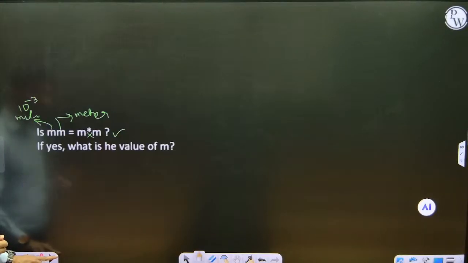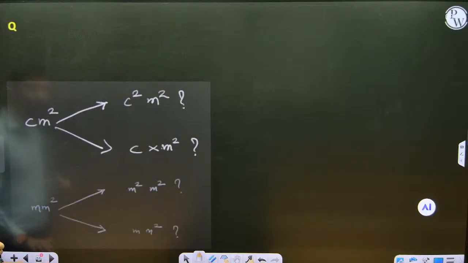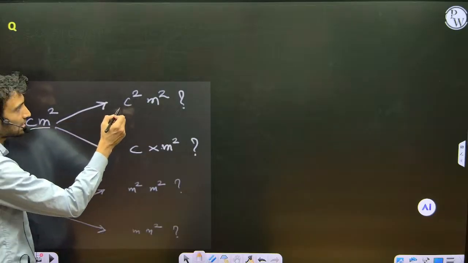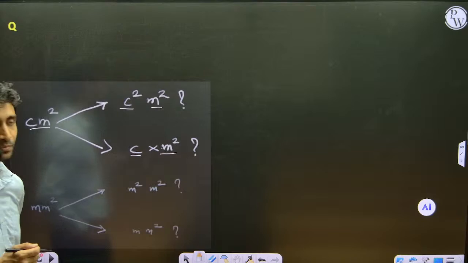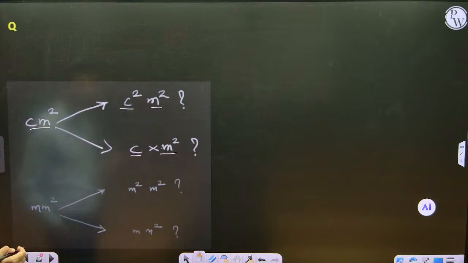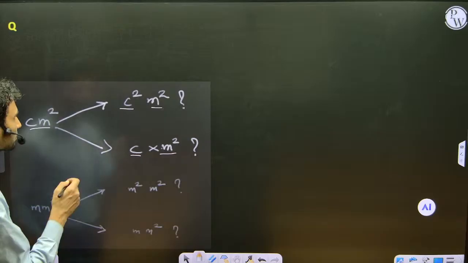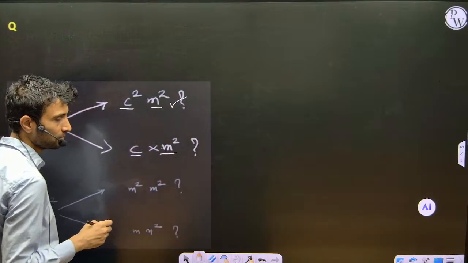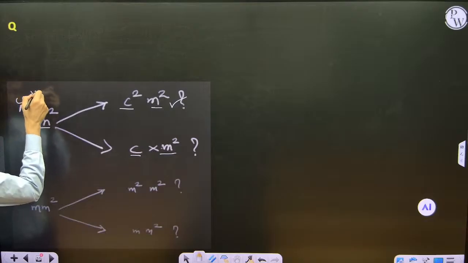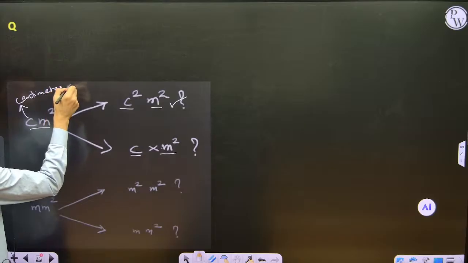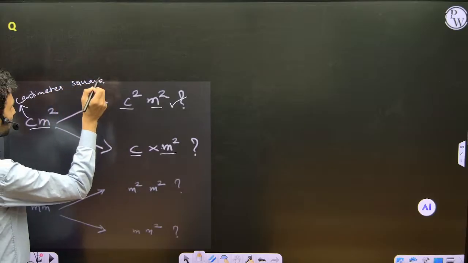Now let us continue with the units and dimensions, and let's talk about centimeter square. What is centimeter square? Centimeter square means centi square into meter square, not centi into meter square.